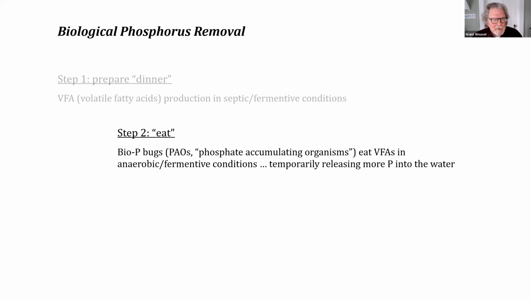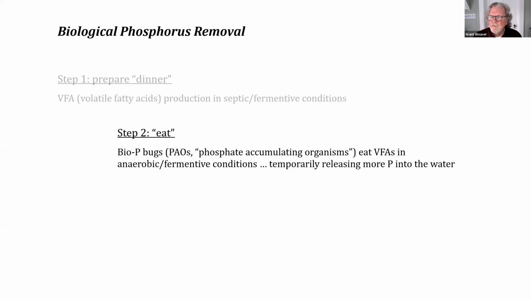Second, also in septic conditions, the bacteria that remove phosphorus, and the smart people call them PAOs, phosphate accumulating organisms, they're going to eat this candy, the volatile fatty acids, the ribeye steak, and that has to happen also in septic conditions.